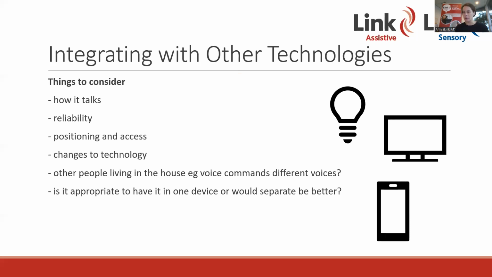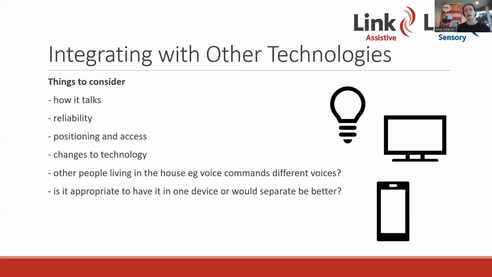Technology is rapidly changing. And we've got to think about how assistive technology is going to keep up with the changes to technology. And are there ways, maybe it might be a more expensive way, or maybe a different way, that's going to give us more longevity to that piece of technology and access. And we'll talk about that.